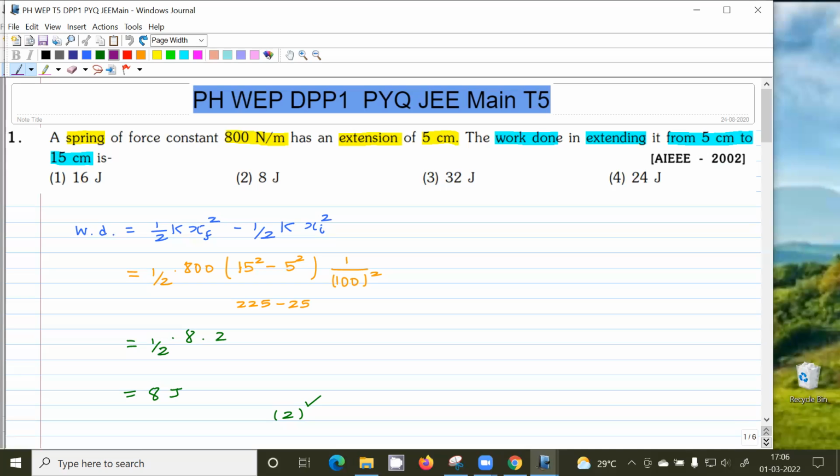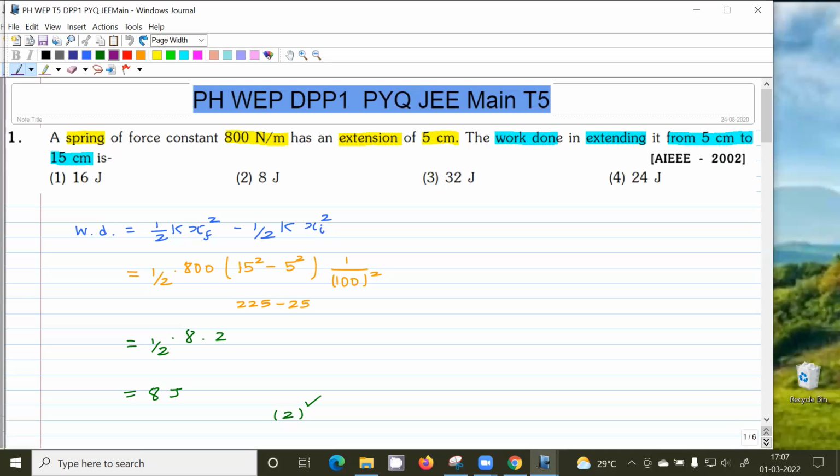You have to find the change in half kx square. 16 Joule, sir?